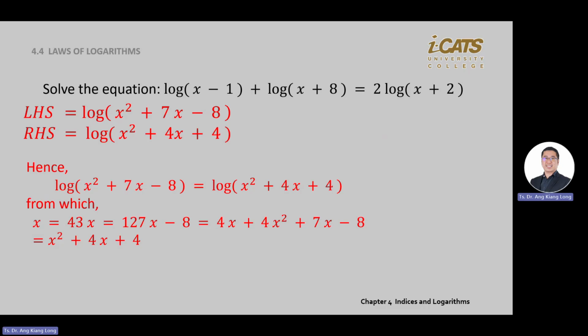Basically, you are comparing, you remove the log, then solve the normal equation. It means x move to x, you cancel x, right? This is wrong. The format is wrong.